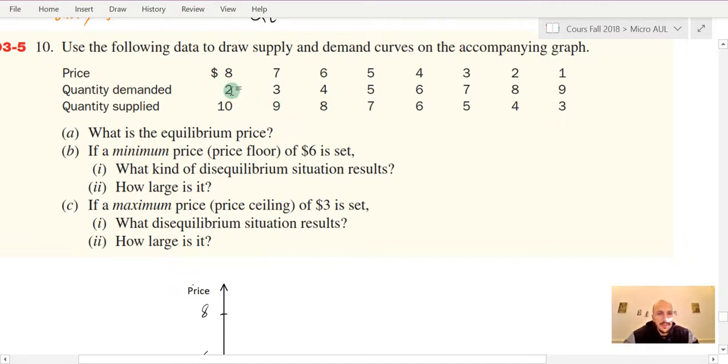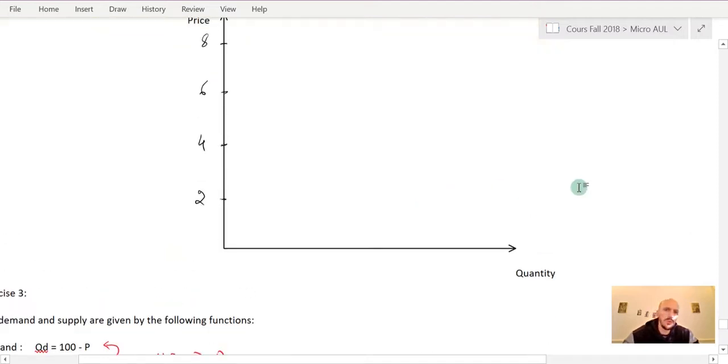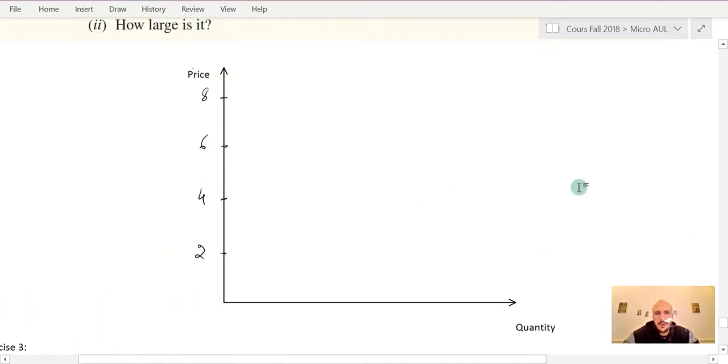Then I have to find what the range for quantities is. Quantities demanded move from 2 till 9 approximately, and 3 to 10 for the quantity supplied. So the maximum is 10. So what I'm going to do is to put 10 here as a maximum, and again try to find out in the middle 5, etc. So you can do it however you like. The important thing is that you're able to find the accurate values here using a rule.